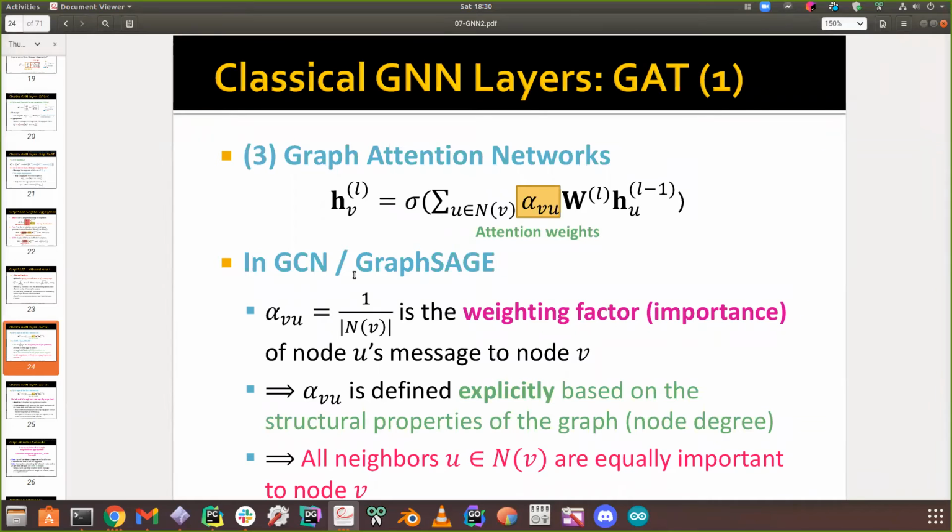I think some of the key concepts of graph neural nets are actually in these two lectures, like message passing and attention.